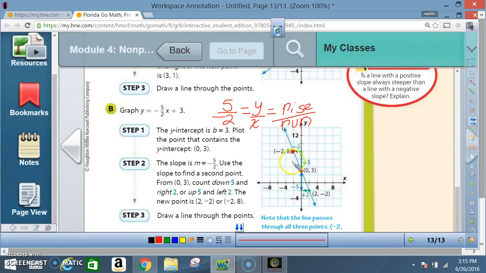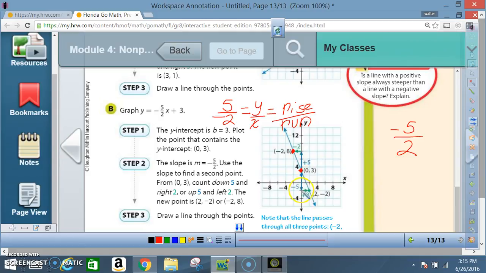Now, I want to give a complete line. So it means I have to go in the other direction. So the other way I can write the slope is negative 5 over a positive 2. Now look what this does. I still start at my y-intercept of 3. Now I go down 5. 1, 2, 3, 4, 5.